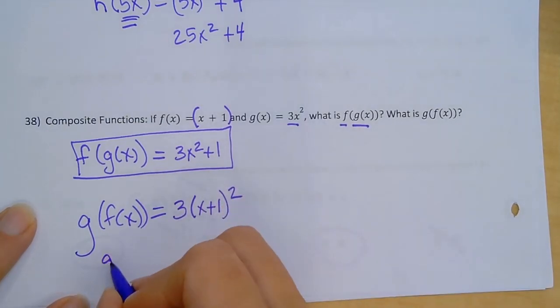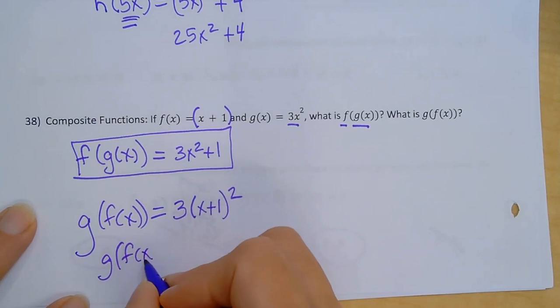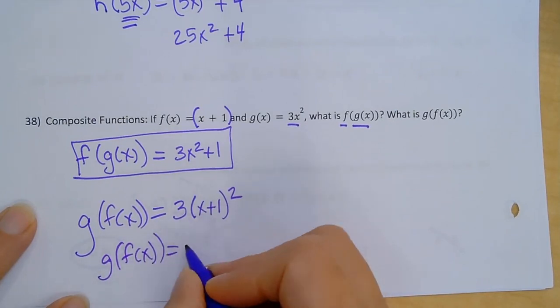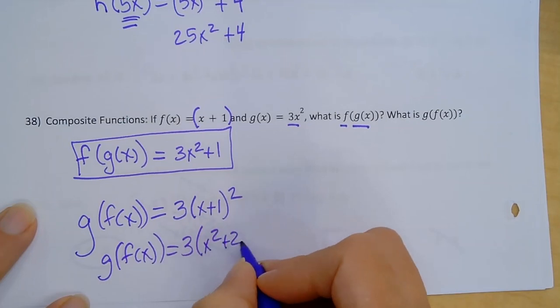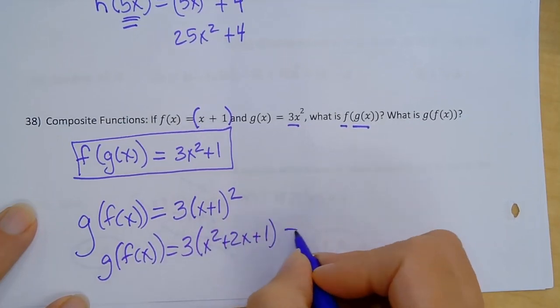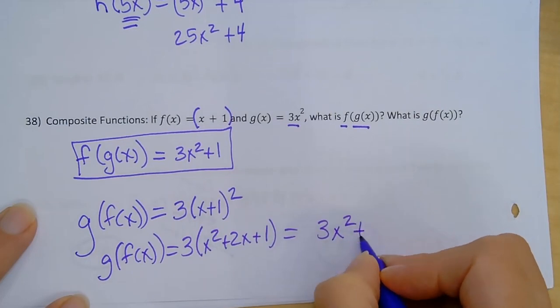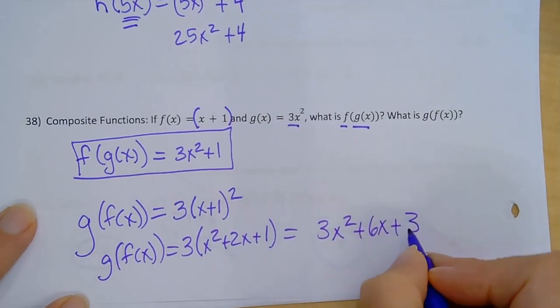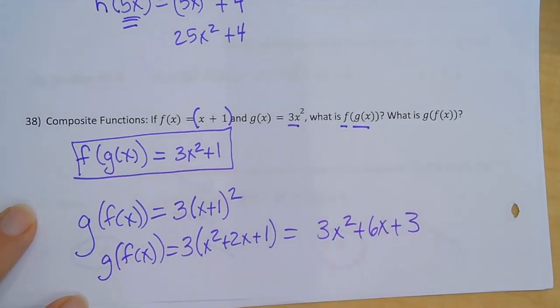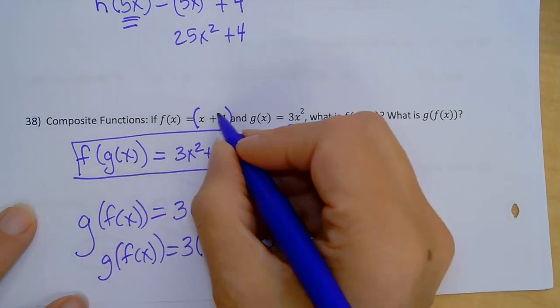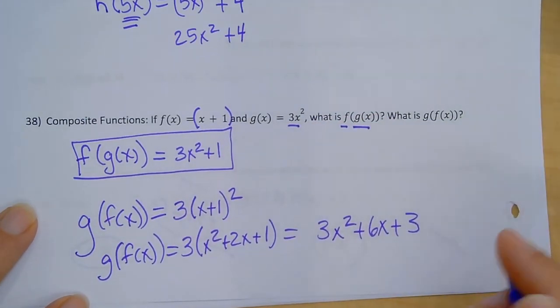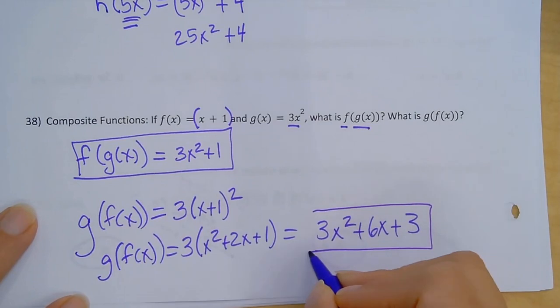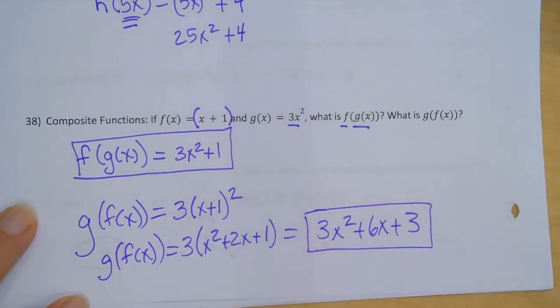And of course, I can simplify that. g of the f of x equals 3 times x squared plus 2x plus 1, which equals 3x squared plus 6x plus 3 in the end. Okay? So whatever your input is, you're just making sure that you are using parentheses and keeping track of your input. My second answer is that.